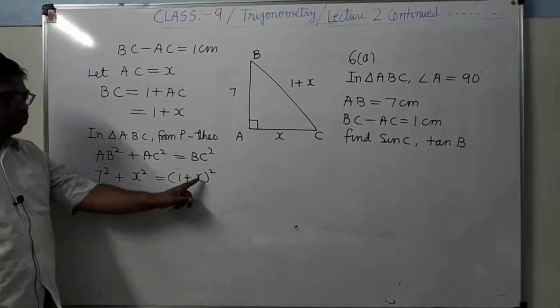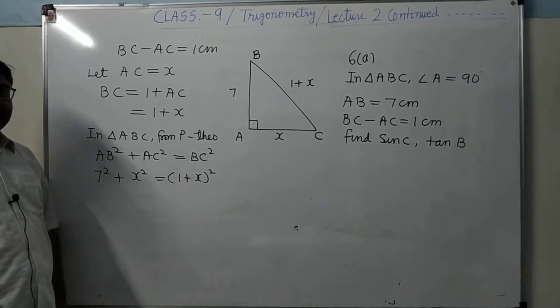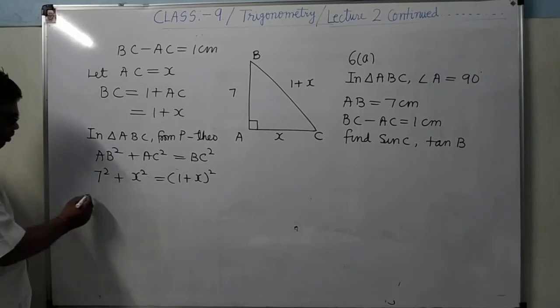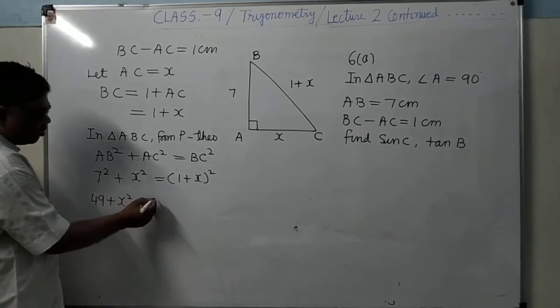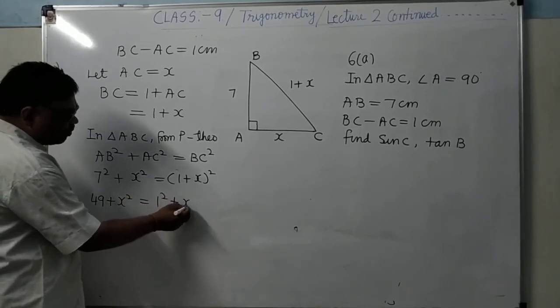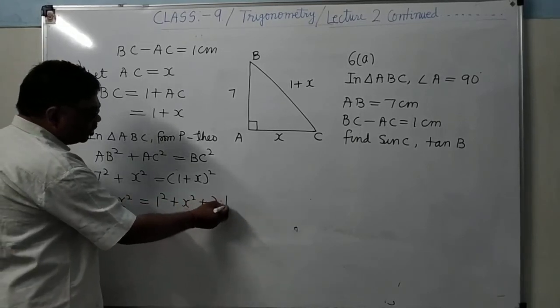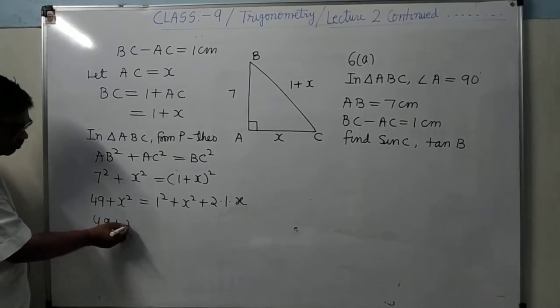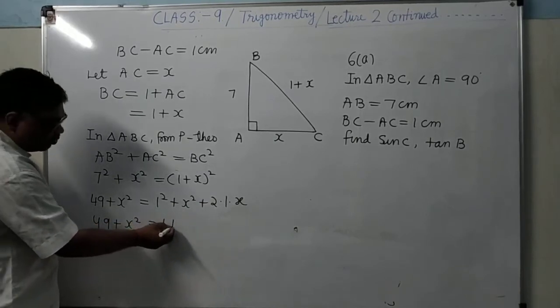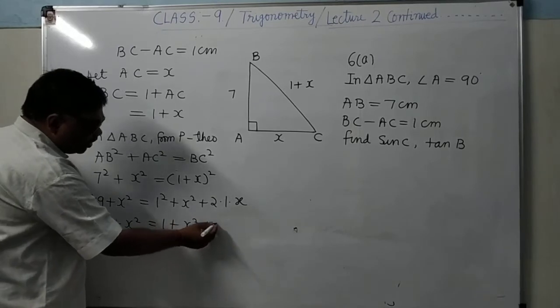You can open this using the formula for A plus B whole square. So it will be 49 plus X square equals 1 square plus X square plus 2 into 1 into X. That is 1 plus X square plus 2X.